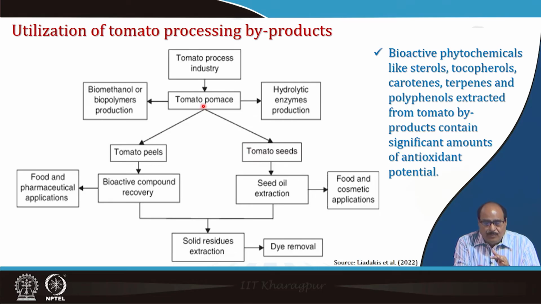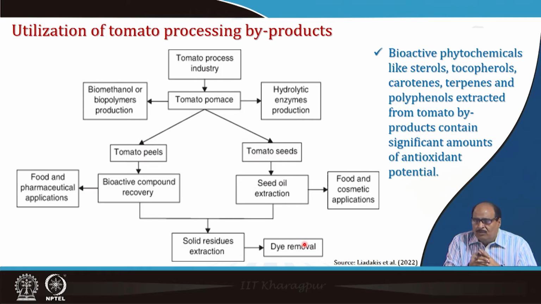The pomace and peel can be used for bioactive recovery, and these bioactives can be used in pharmaceuticals. From seeds there is seed oil extraction, and the solid residue remaining after seed oil extraction can then be used for dye removal, etc. So, various uses are there.